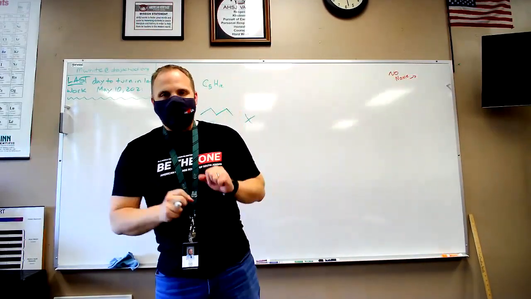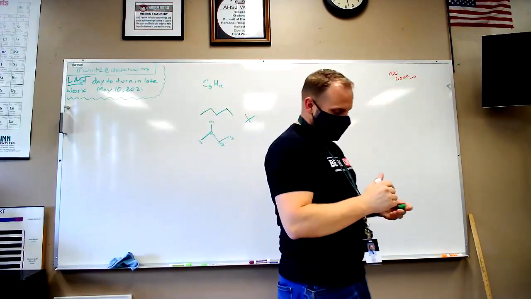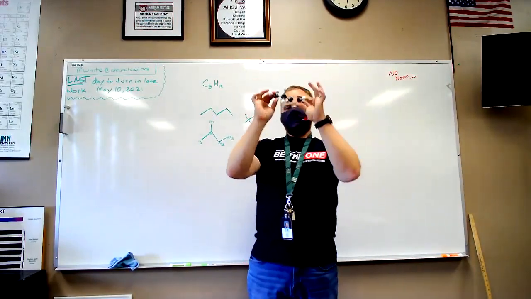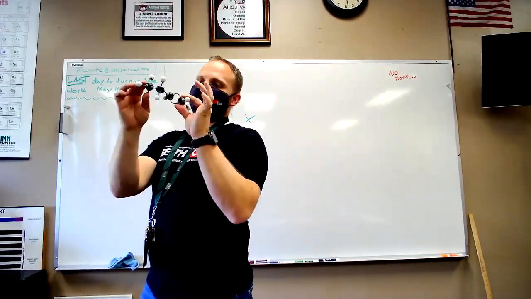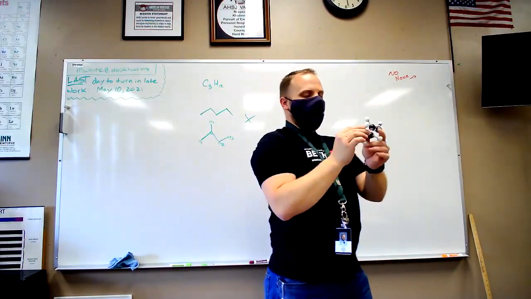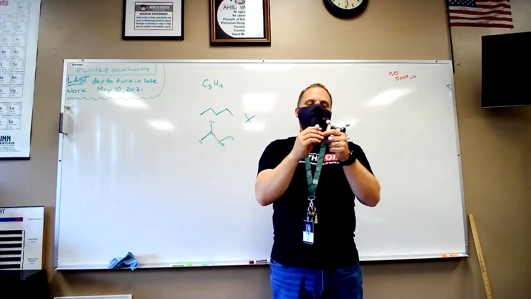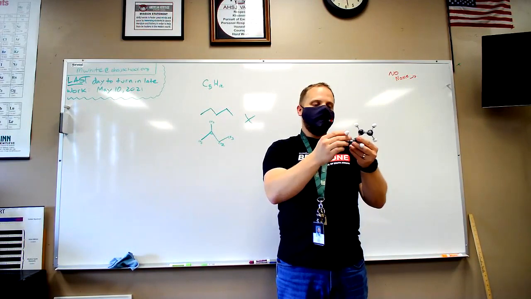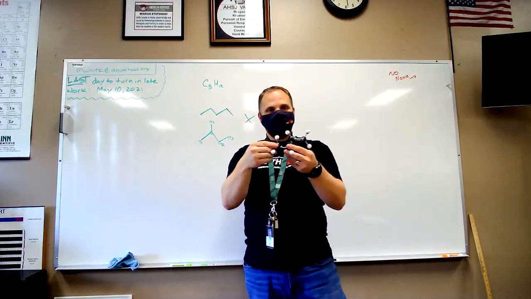So as promised, let's talk double bonds. So if we have this lovely little butene, if you have a carbon-carbon bond, in all actuality, this can rotate like this, and it does. Okay?